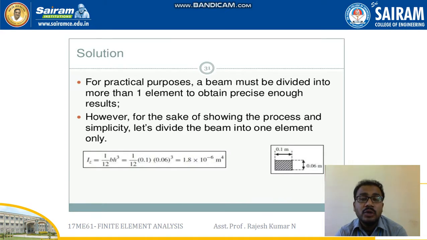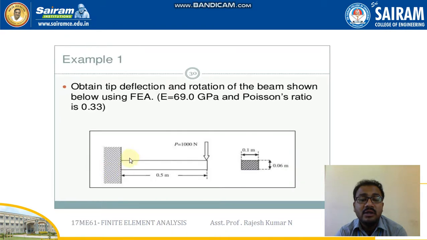If you go with 2 or 3 elements for a beam problem with no great complexity in the load, it consumes more time. You can go with 2 or 3 elements if different loads or different boundary conditions are given at different points, in which case it is of course mandatory.